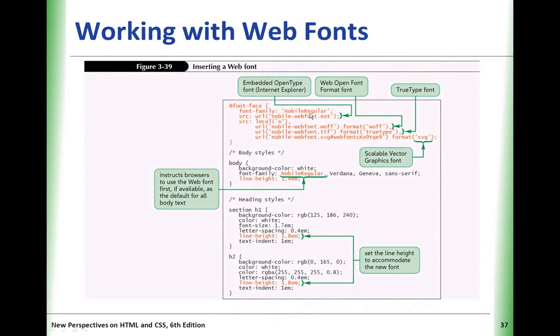We're going to say the font family is Noble Regular. And then we're going to say one source, the source for Internet Explorer, is going to be here. Another source is going to be here, for all the other guys. And we're going to have to put these in here if we want to use a particular font.